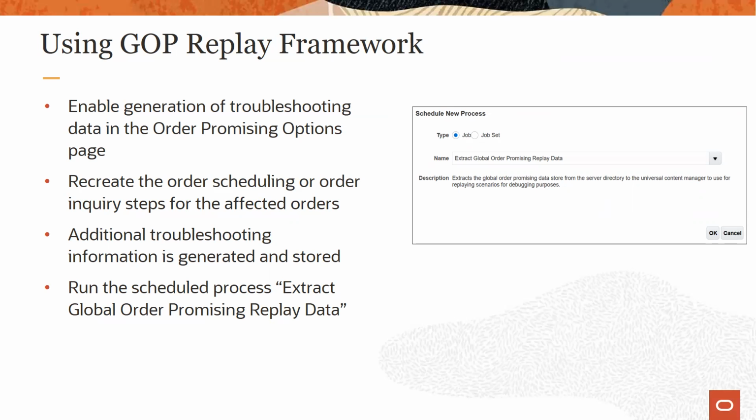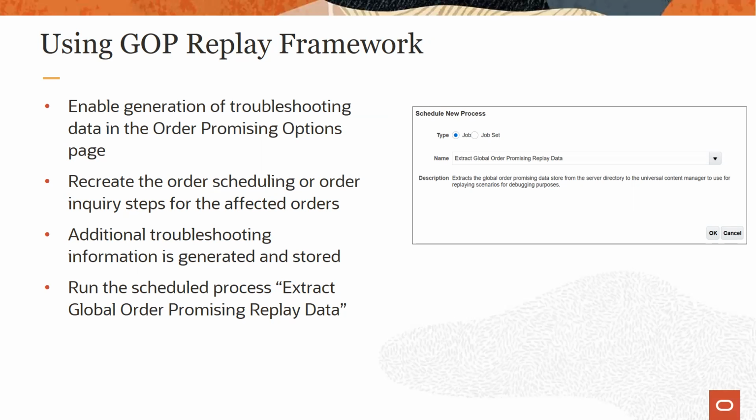Once that is done, the same steps that caused the unforeseen behavior can be replicated, and the same results can hopefully be seen. And in such cases, the GOP engine will write out some additional information into its logs and save that in the database tables.